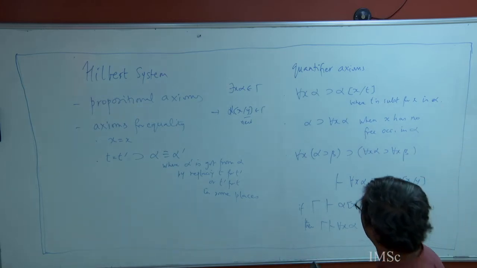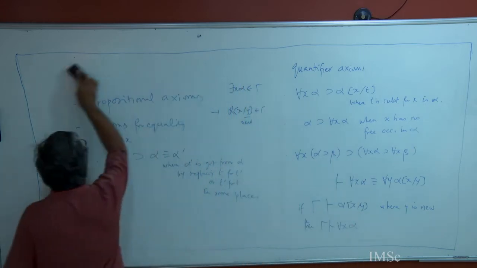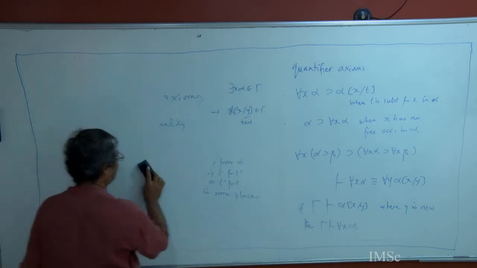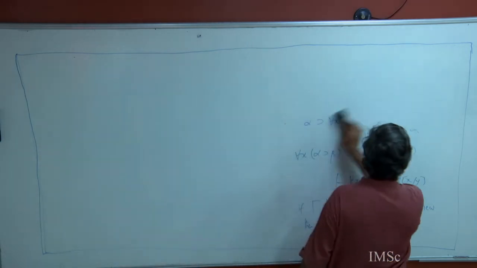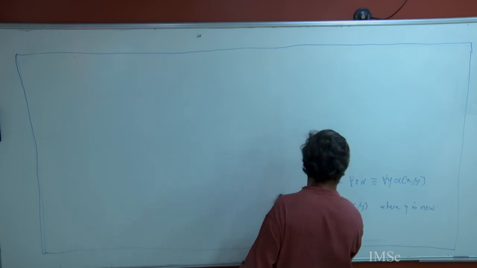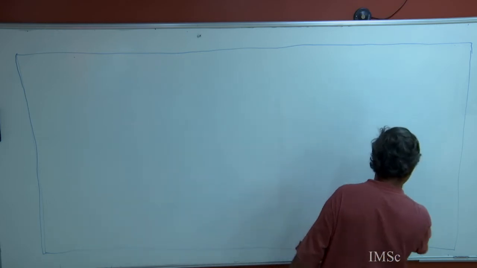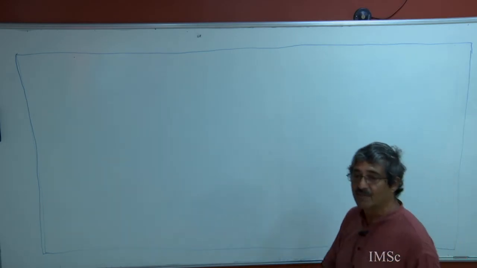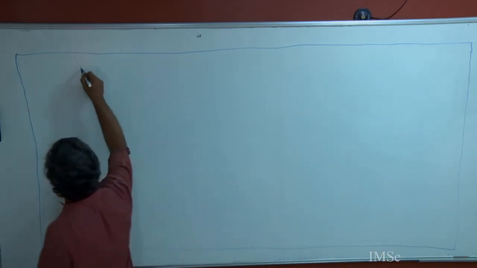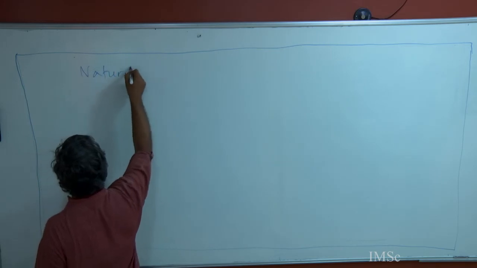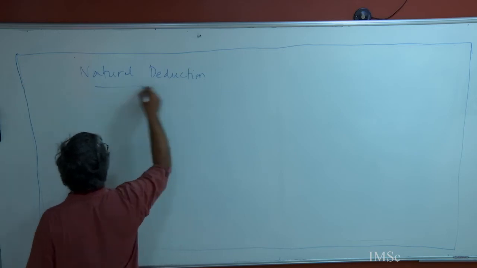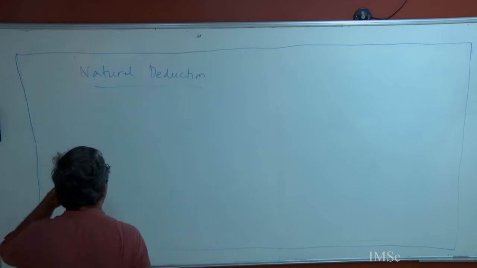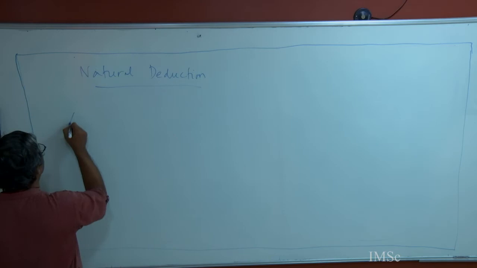Okay, so let's look at natural deduction first. What are the rules for natural deduction? You have introduction rules and elimination rules. And what are the introduction rules?